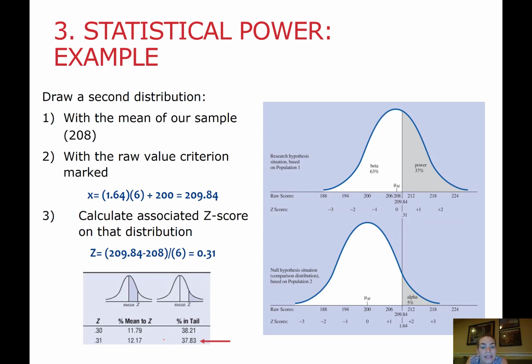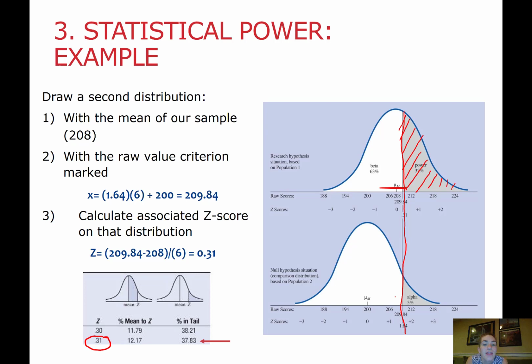Now I can look in the z-table for z of 0.31 and figure out that the percent in the tail is equal to 37.83%. Or in other words, sampling from population 1, 37% of the values from population 1 would surpass the critical value that we use for our statistical test, right? Because that's this value here.